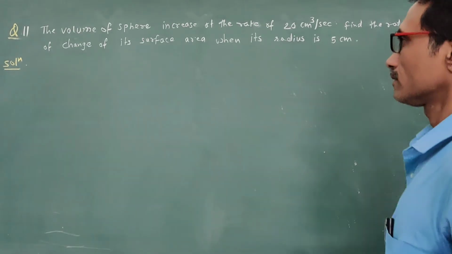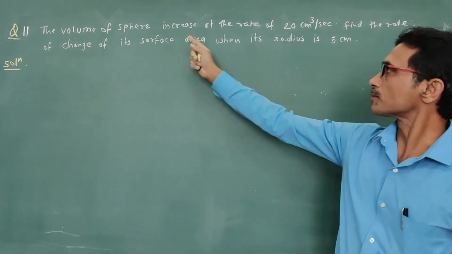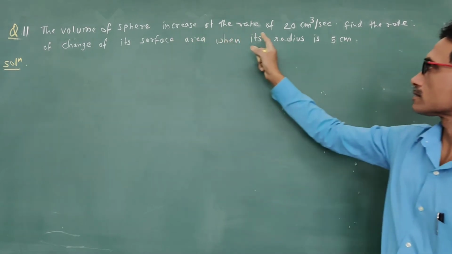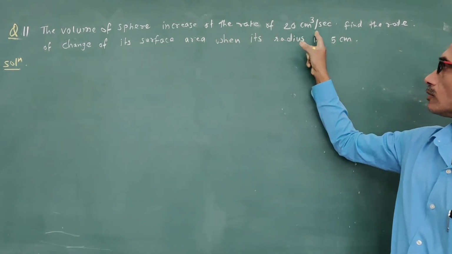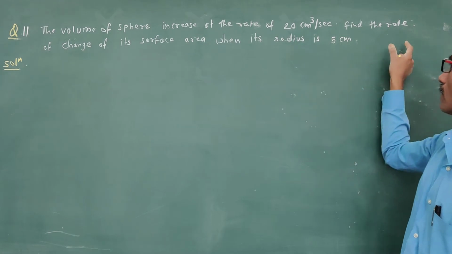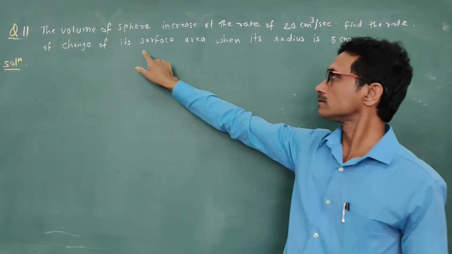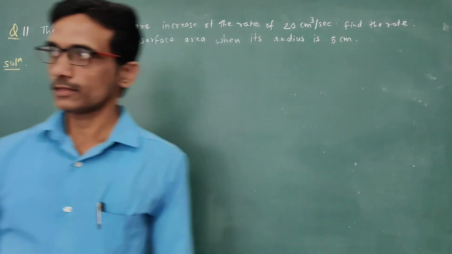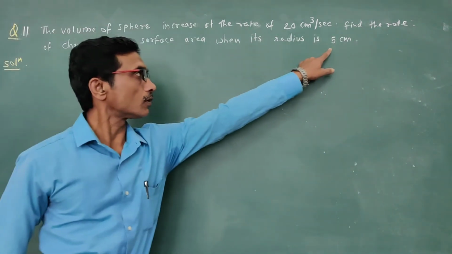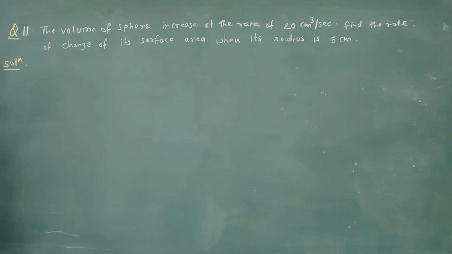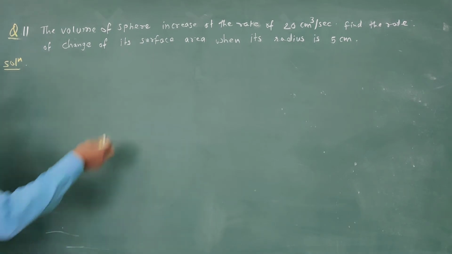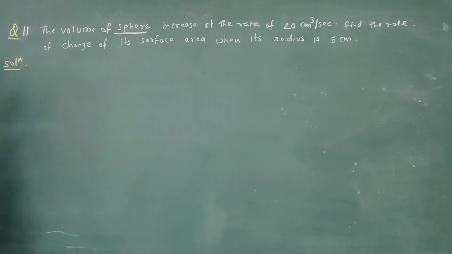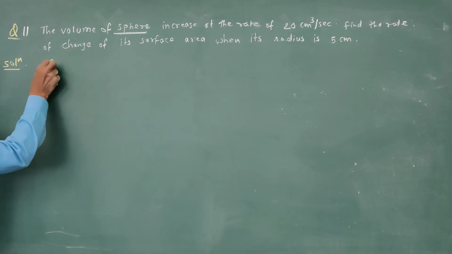Question number 11. The volume of a sphere increases at the rate of 20 cubic centimeter per second. Find the rate at which the surface area will change when the radius is 5 centimeter. Here, volume of sphere, so first of all write the formula for this. What is given here?